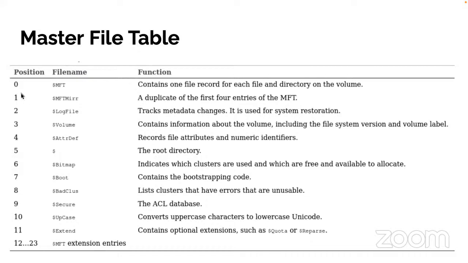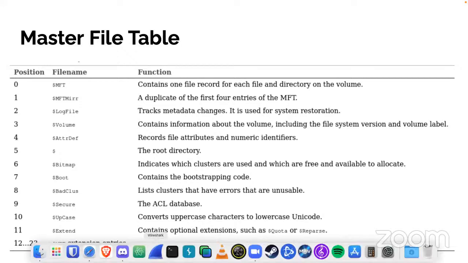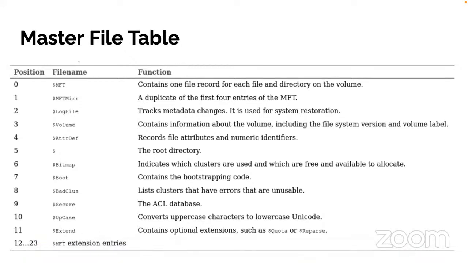So within the master file table, you have at minimum 12 different positions, 12 different files, if you will, and the file name for each of these that sit in the master file table and what they are. Crazy the amount of information that NTFS keeps.